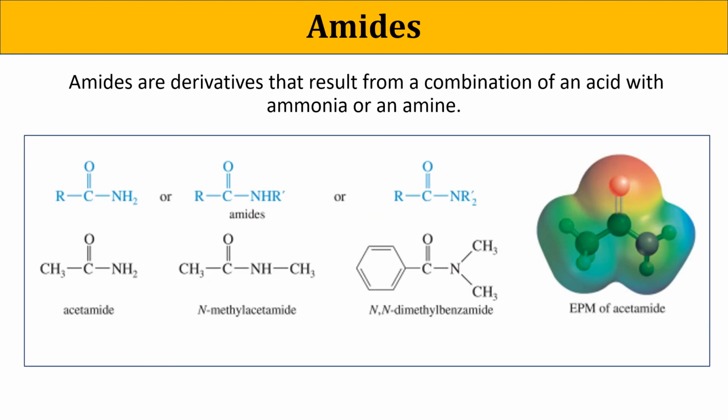Next one is amide. Amides are acid derivatives that result from the combination of an acid with ammonia or an amine. Proteins have the structure of long chain complex amides. Amides are among the most stable acid derivatives. The nitrogen atom of an amide is not as basic as the nitrogen atom of an amine because of the electron withdrawing effect of the carbonyl group.